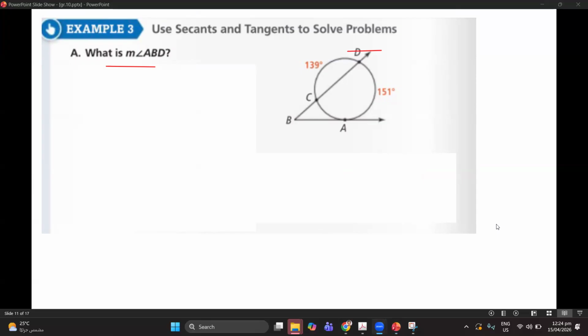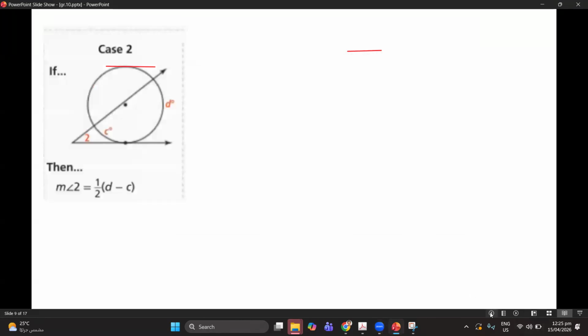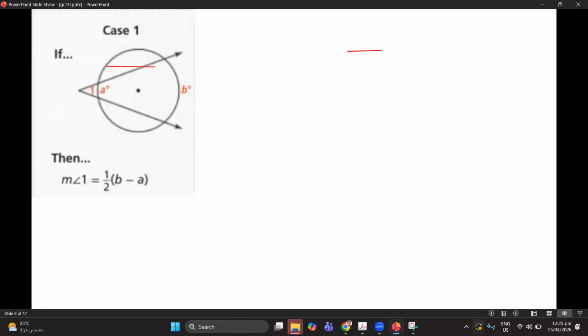Right, now let's find the measure. Teacher, why in the first theorem is it not half? Why do we need to minus A from B? It's half. Yeah, half, but we need to minus A from B, because the intersection is outside the circle.